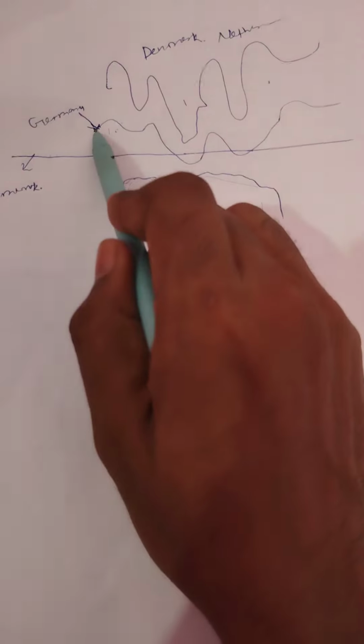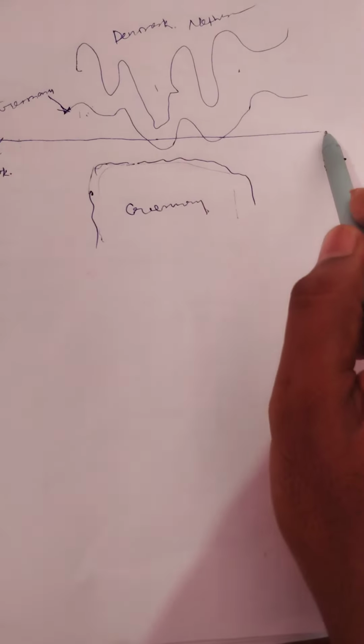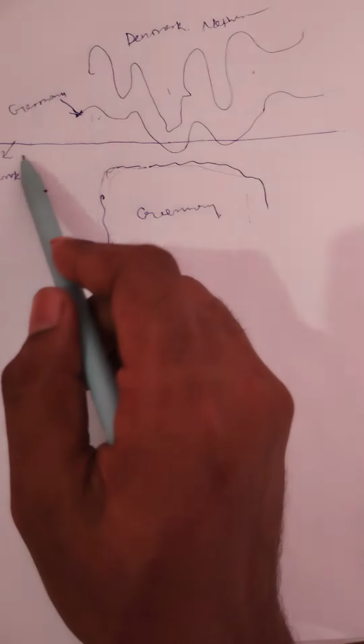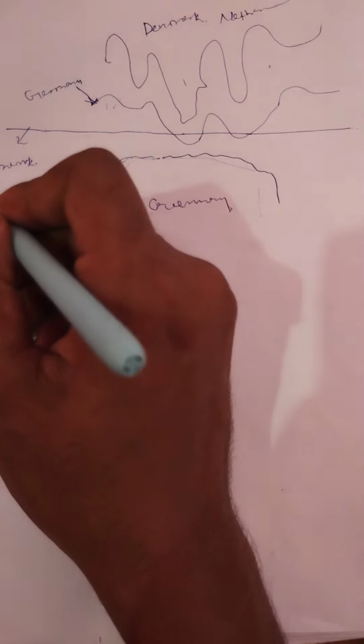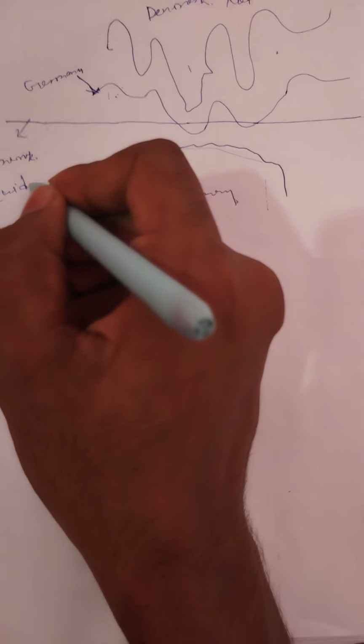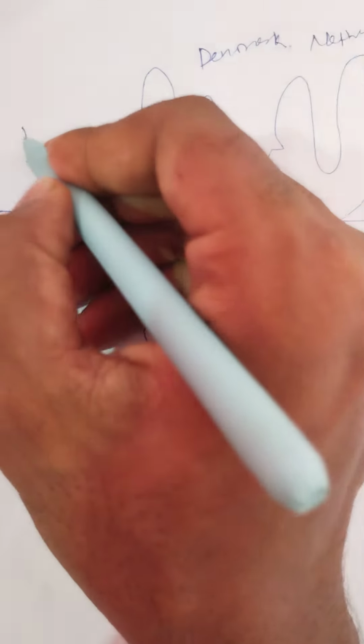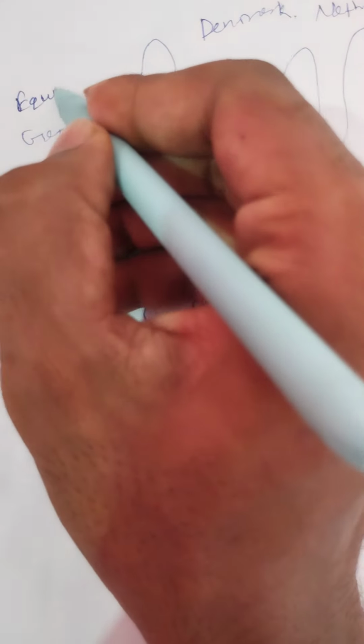According to Denmark's contention, it should be the line between the major countries. Denmark contended for equidistance, and Germany contended for equitable share.